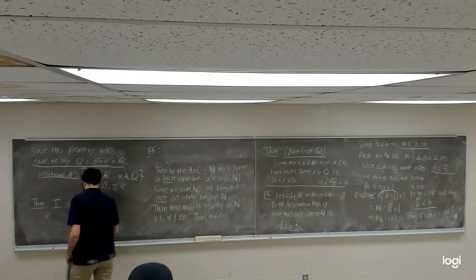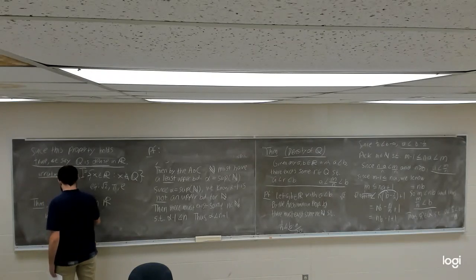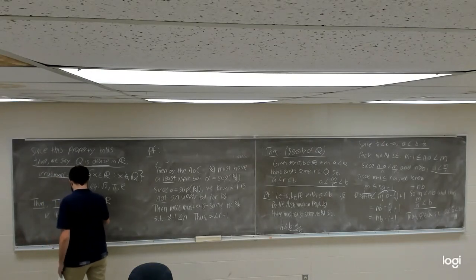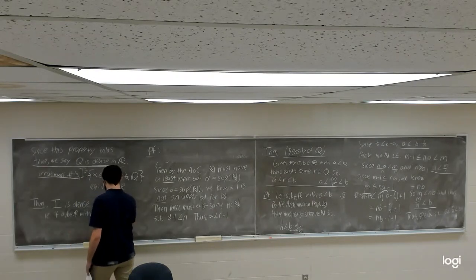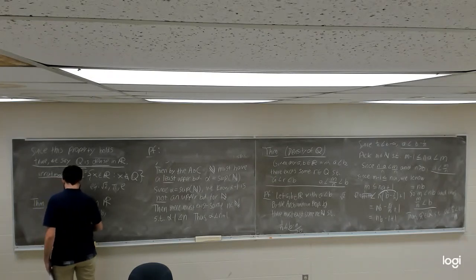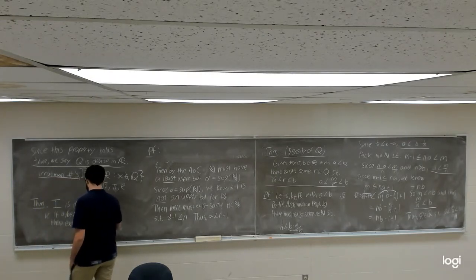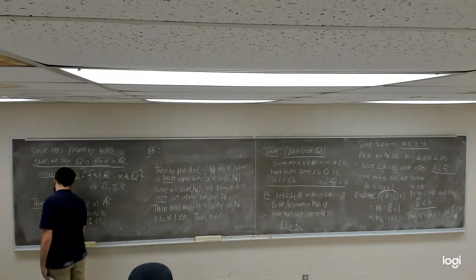I'm going to say instead, if a and b are any two real numbers with a less than b, there exists some irrational number x such that x is strictly in between a and b.